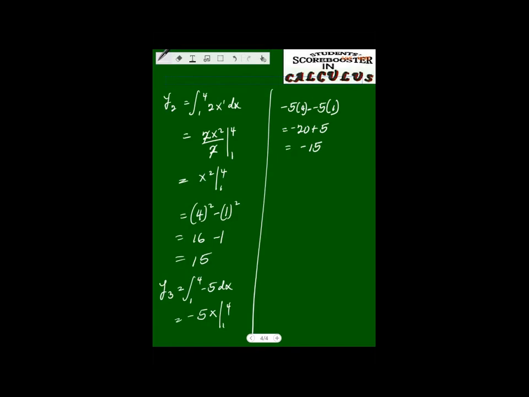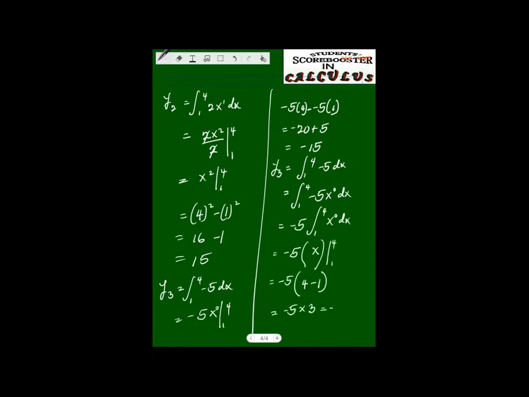Another way you can look at it is that you can write y3 is equals to the integral of 1 to 4 of minus 5 dx. Then you can rewrite this one as this, and that will be minus 15.